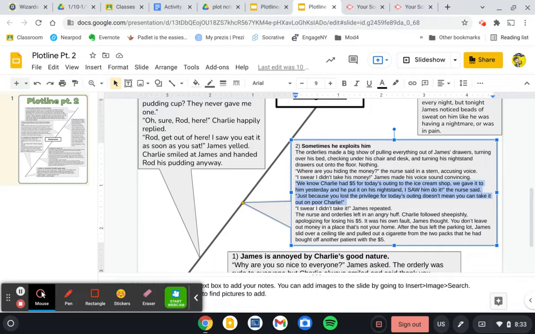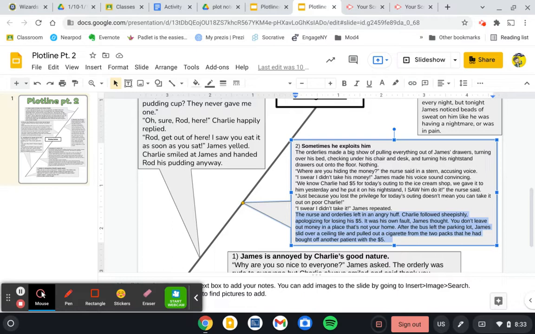I saw him do it," the nurse said. "Just because you lost the privilege for today's outing doesn't mean you can take it out on poor Charlie." "I swear I didn't take it," James repeated. The nurse and orderlies left in an angry huff. Charlie followed sheepishly, apologizing for losing his $5. It was his own fault, James thought. You don't leave out money in a place that's not your home.